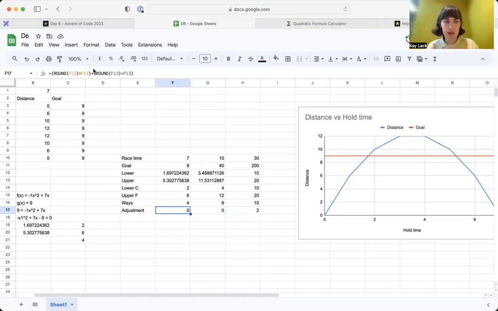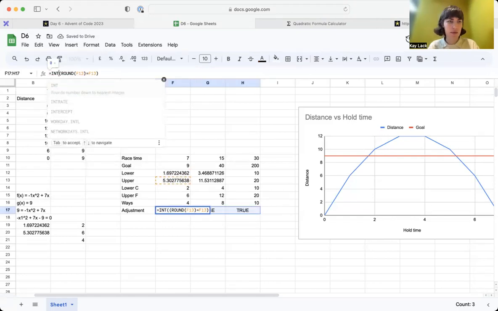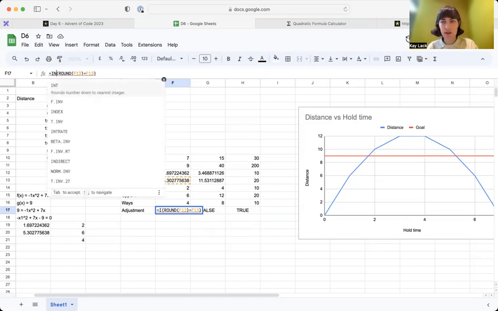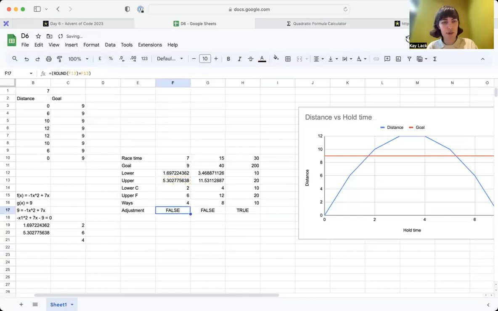So maybe let's just go with the second one. Or is it if either are? God, this is not good.